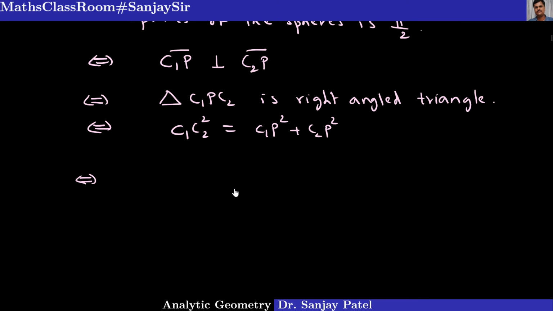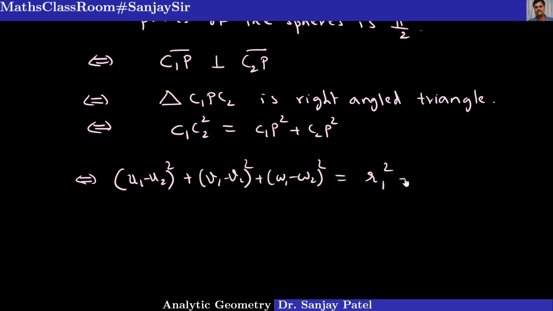C1C2 square is the distance, and that can be written using the distance formula between the two centers C1 and C2. So I am writing directly, which is very simple, (u1 minus u2) square plus (v1 minus v2) square plus (w1 minus w2) square is equal to R1 square plus R2 square.